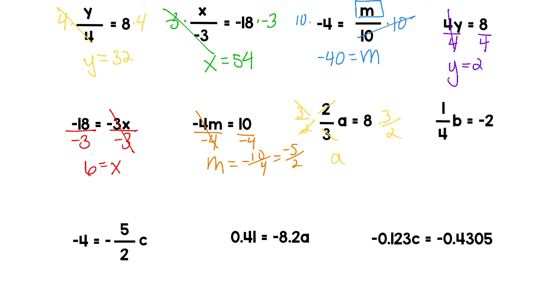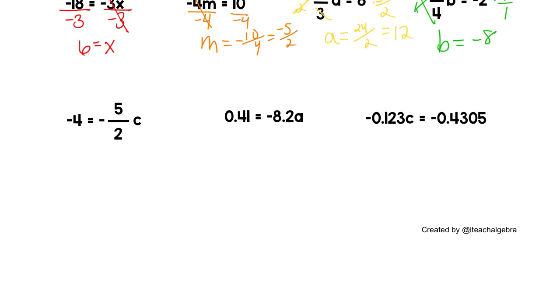I'm left with just a, and that equals 24 over 2, or 12. 1/4 b equals -2. We'll multiply by the reciprocal again. 4 over 4, 1 over 1, all cancel, and b equals -8.